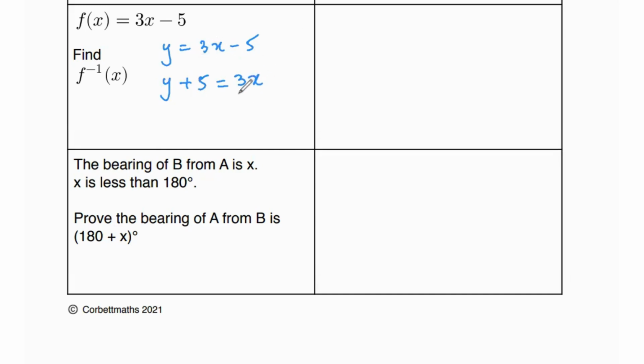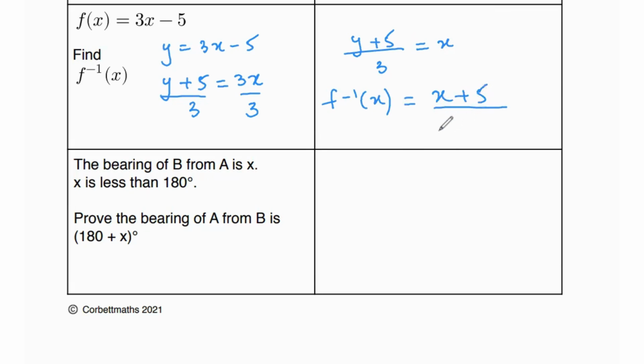Now we're going to get rid of 3 by dividing both sides by 3. So y plus 5 over 3 equals x. Now last step is to replace x with f inverse x and y with x. So your inverse is x plus 5 over 3.